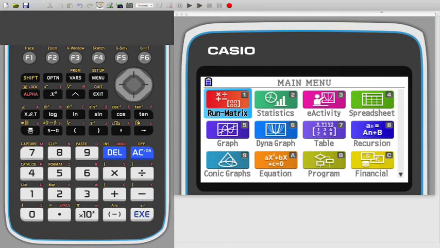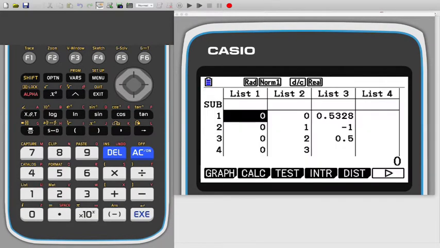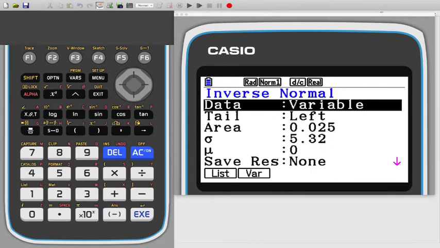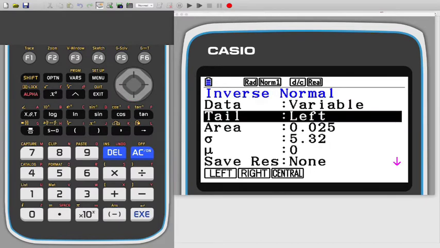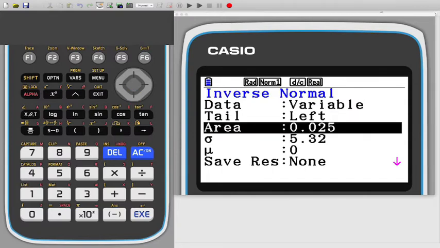So you would need to go to the statistics memory, so number 2, and you want distribution, which is F5. You want normal, which is F1 on this calculator. And then you want inverse normal. And then we want the left-hand tail, want the area to be 0.05.